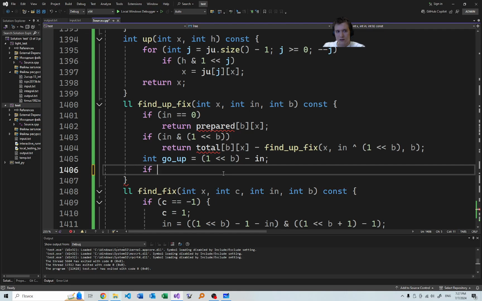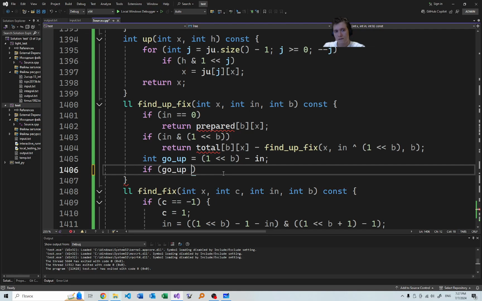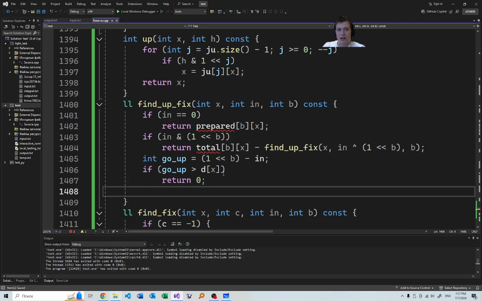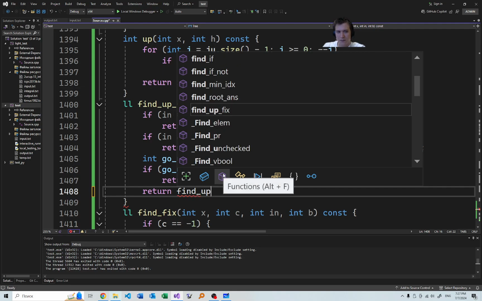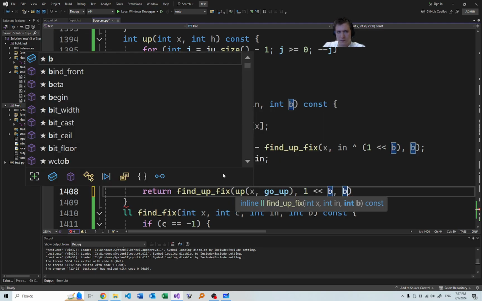If go up is greater than dx, then we cannot go up and we return 0. Otherwise we return find up x go up, 1, b, b.